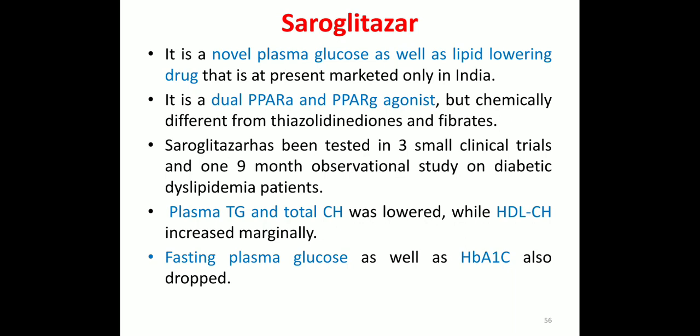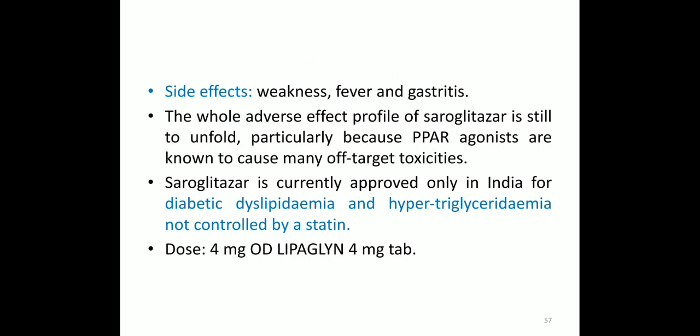Plasma triglyceride and total cholesterol were lowered, while HDL cholesterol was increased marginally, while fasting plasma glucose as well as HbA1c, which is the previous 3-month average glucose, dropped. Side effects are weakness, fever and gastritis. But the whole adverse effect profile of saroglitazar is still to be unfolded, as PPAR alpha agonists in particular are known to cause many off-target toxicities.